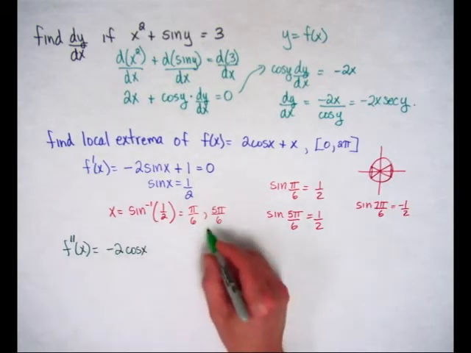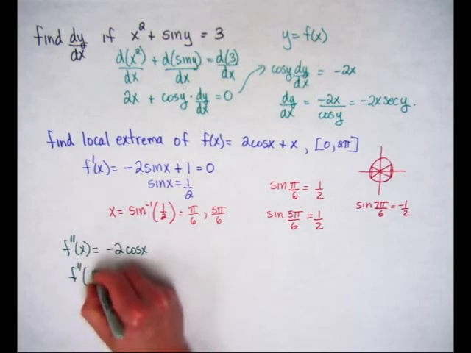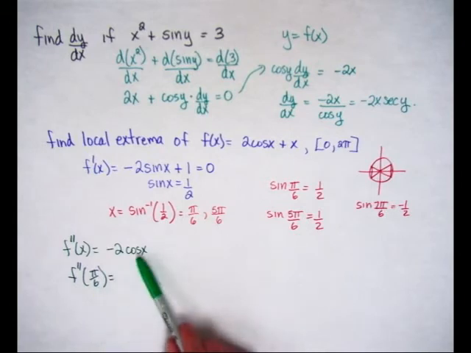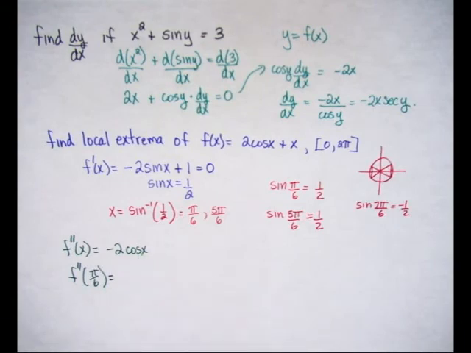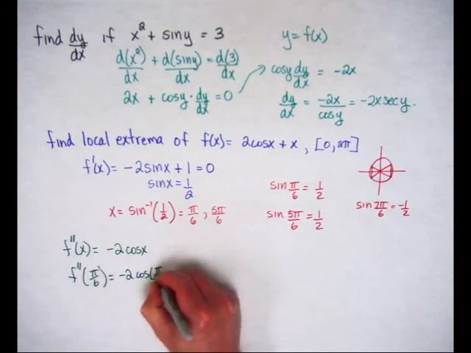So all I need to do now is plug in my two critical values. So f double prime at pi over 6. Now you can use a calculator, or if you just understand a little bit about trig, pi over 6 is in quadrant 1. So the cos of pi over 6 is going to be a positive answer because we're in quadrant 1.